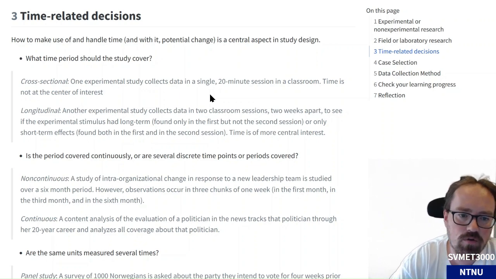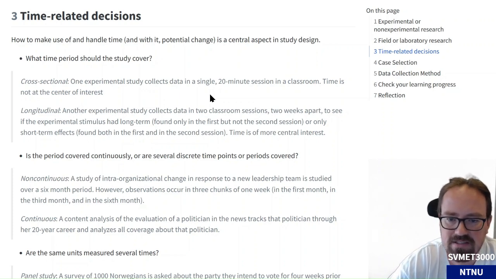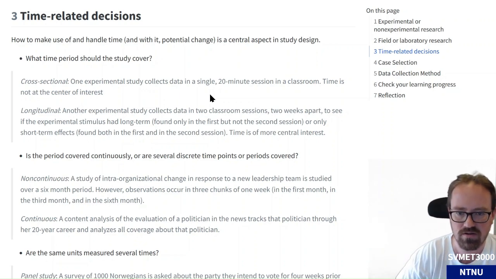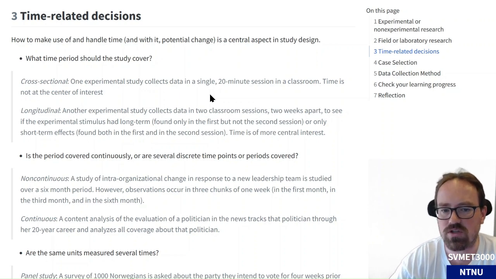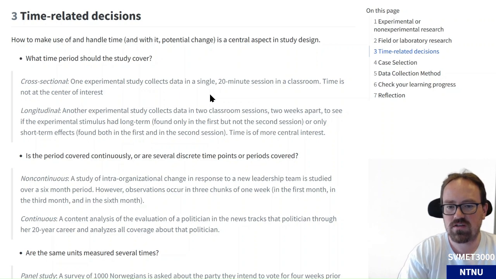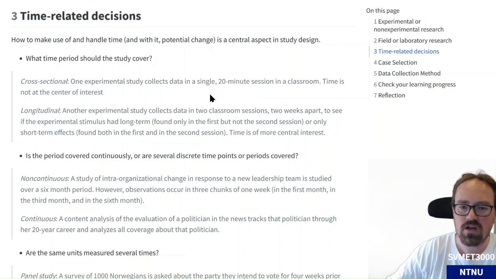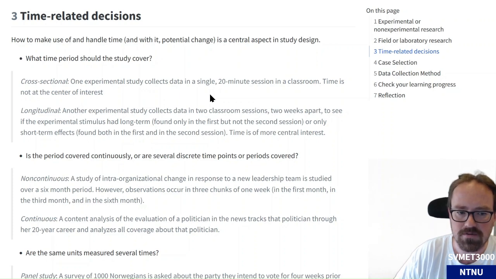So think, for example, of a one-shot experimental study that collects data in a single 20-minute session in the classroom. Time is not at the center of interest here. It is cross-sectional. We want one measurement in the end of the dependent variable and attribute it to the experimental stimulus. The session just takes 20 minutes to complete this task and make the measurement, so we are not interested.